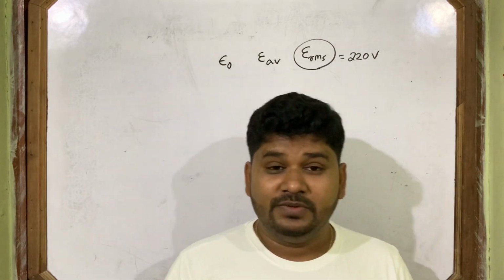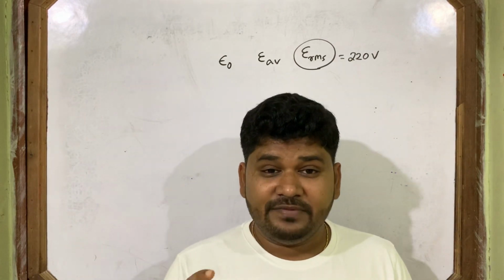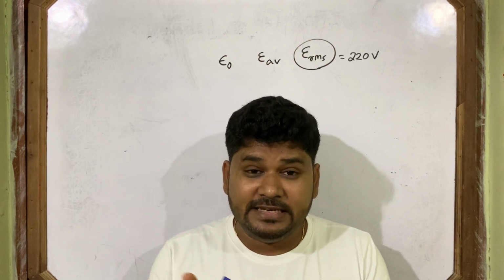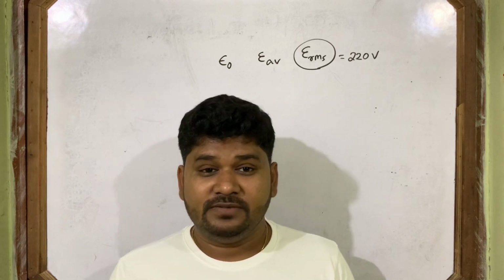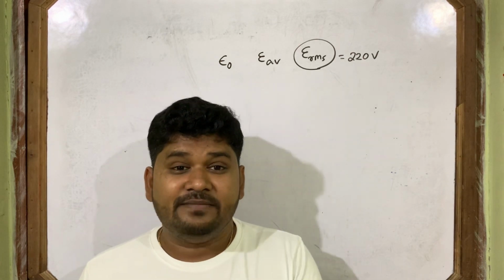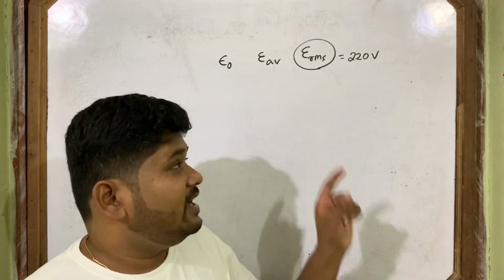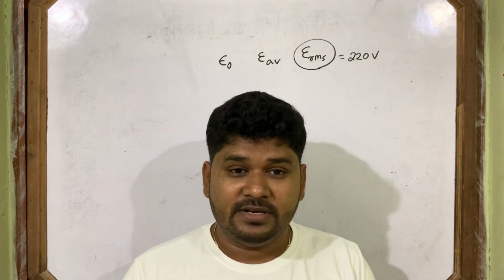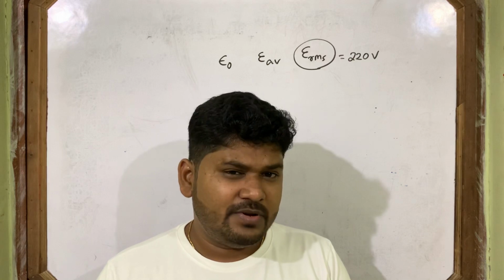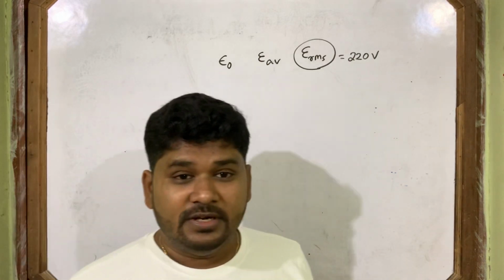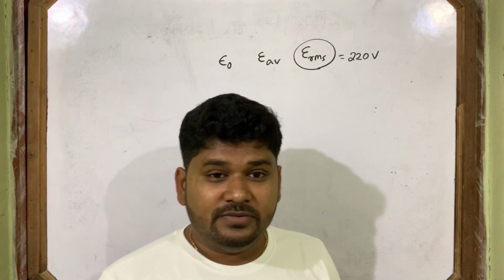RMS value is 220 volt. Remember, the effective value, how much EMF is supplied to your house, that is the RMS value. The values we talk about with each other in day-to-day life are the RMS values: RMS value of current, RMS value of voltage. Always remember. If our home supply is 220 volt RMS, then what is the peak value?